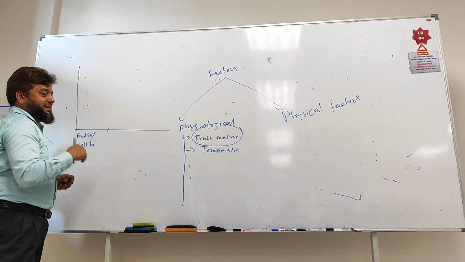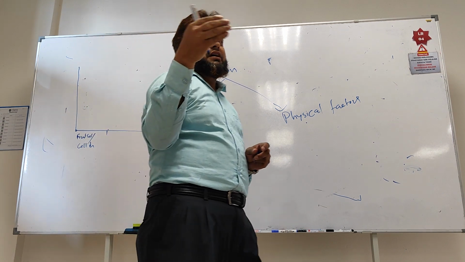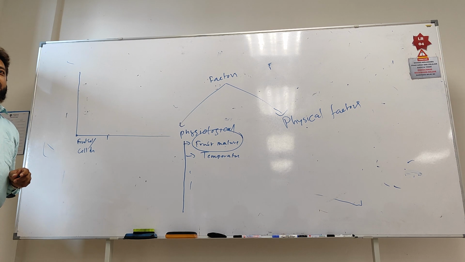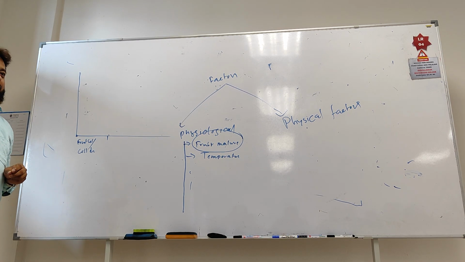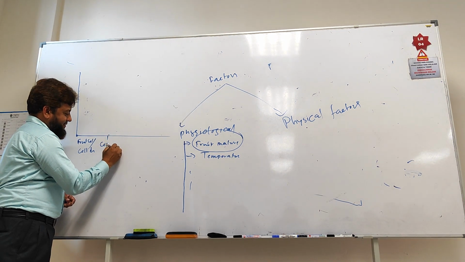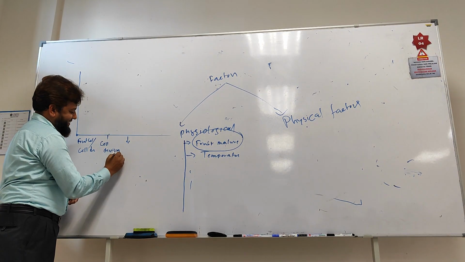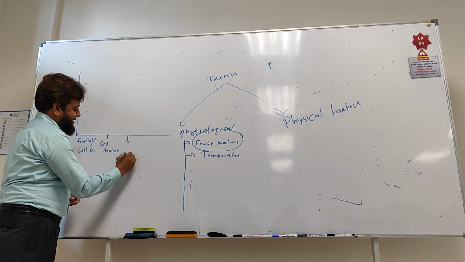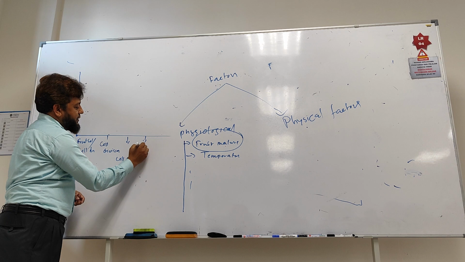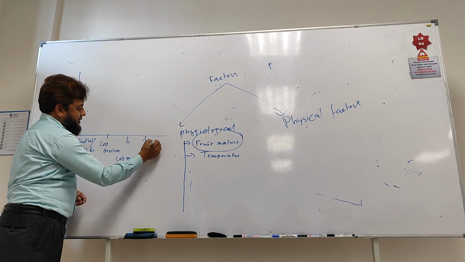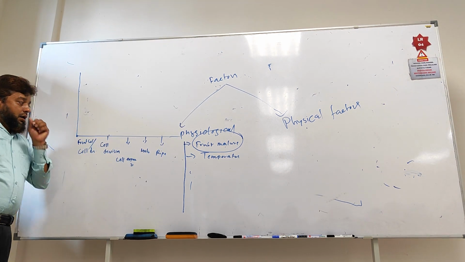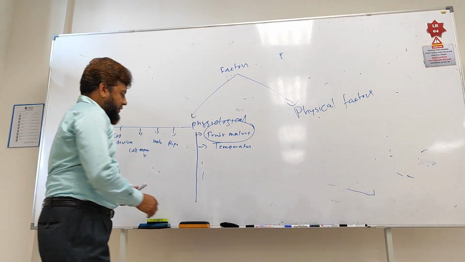Then we can mark these stages of the fruit growth over time: vegetative, flower development, cell expansion, then maturation, then ripening.